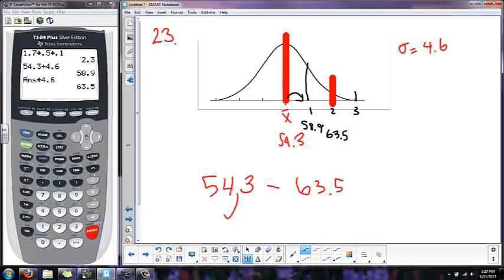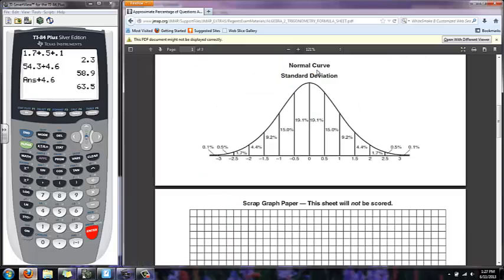So the question wanted to know, what is the best approximation of the percent of scores? So whenever it says percent, I'm adding up the percentages underneath the curve. So in between the average or the mean and positive 2. So between 0 and 2 is what I'm going to add up on my normal curve.